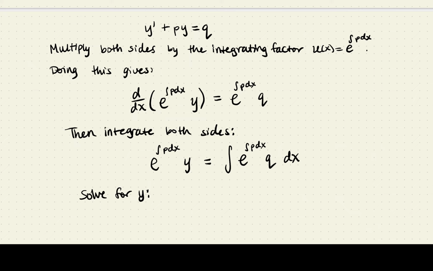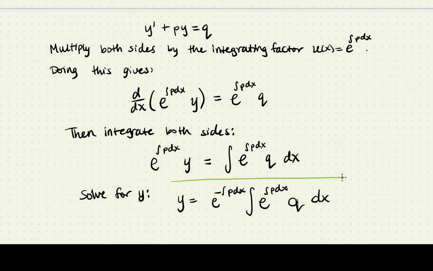And by solving for y, I mean you're just going to multiply both sides by e to the minus integral of p dx to get that to the other side. So y equals e to the minus integral p dx, times the integral of e to the integral p dx q dx. And that would be your general solution to the ODE.